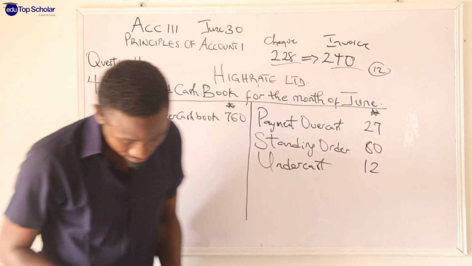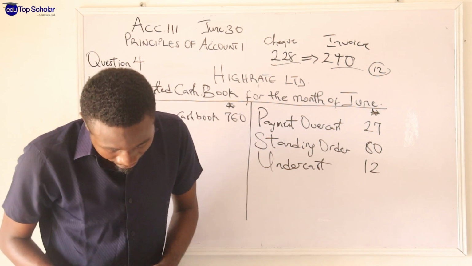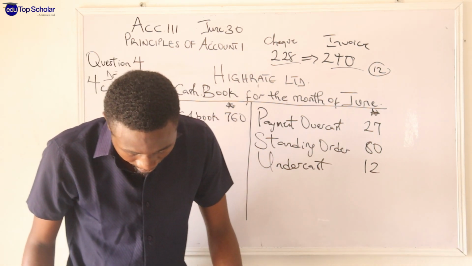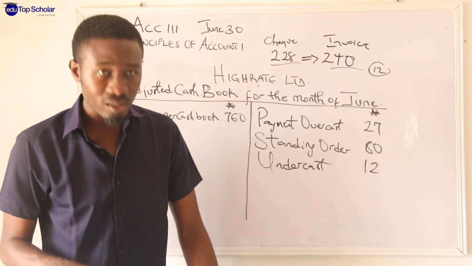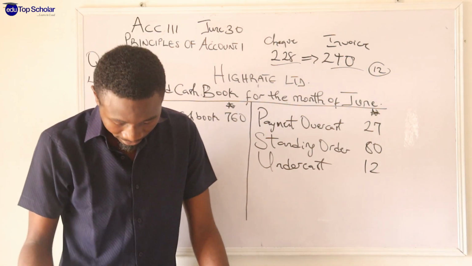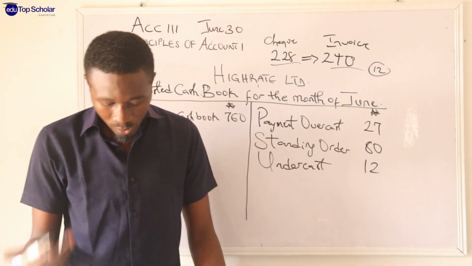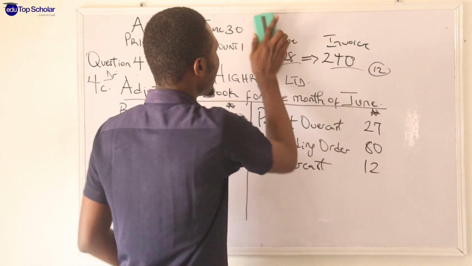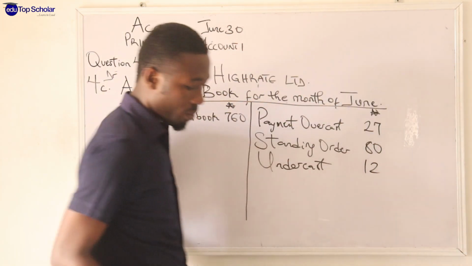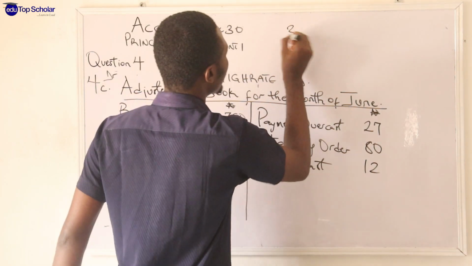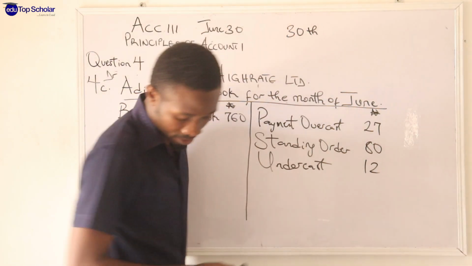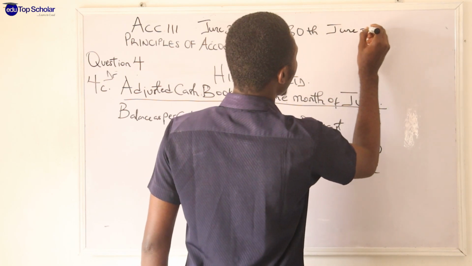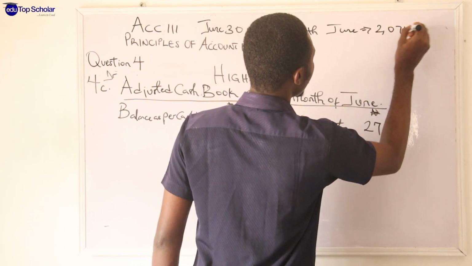The next one says a check for 2,074 naira sent to a payable, that is sent to somebody we are owing, on 30th June. It was not paid by the bank until 6th July. So it's just an example of what we did earlier. So we paid somebody by check on the 30th of June. We paid them 2,074 naira.